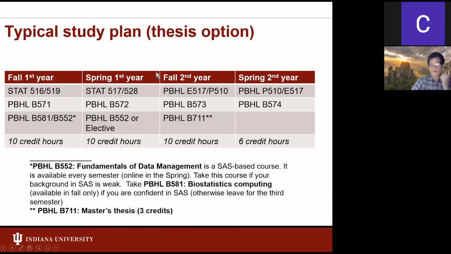In the thesis option, you don't take the exam, but then you have to find an advisor. We have found that most people take more than a semester to finish their thesis. Even if you start in the fall semester, you may not be able to complete it by the end of the spring semester.